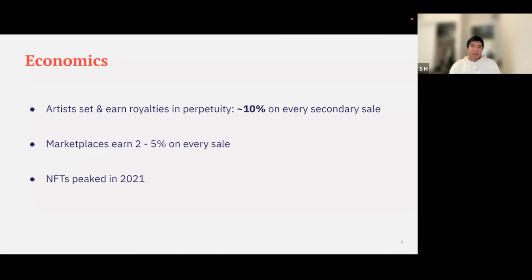I think it's really important to understand the economics of NFTs. The main value prop of NFTs is actually in their royalties, which there is a lot of debate about on Twitter these days. Essentially, when an NFT creator sells an NFT, let's say they sell it to me as a collector, and then I sell that NFT to Jake, the original artist actually gets a royalty.